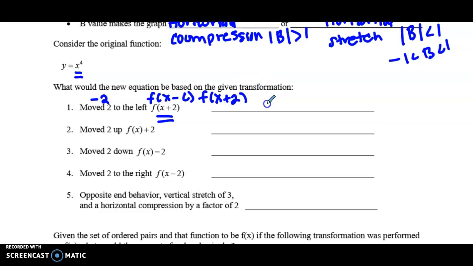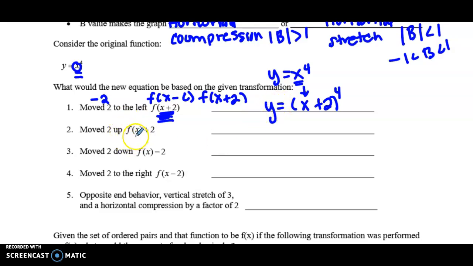So you're going to write that as y equals x plus 2 to the fourth. Notice how this says f of x plus 2. This just means I'm taking my function, and wherever I have an x value, I'm going to replace it with x plus 2. Here's my original y equals x to the fourth. Wherever I saw an x, I'm going to replace it with x plus 2.